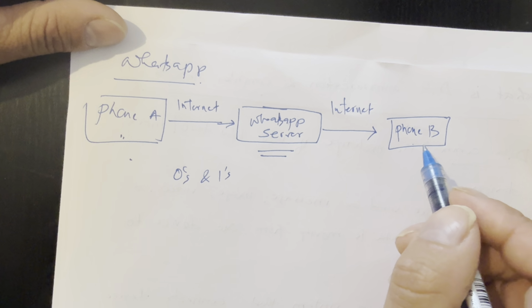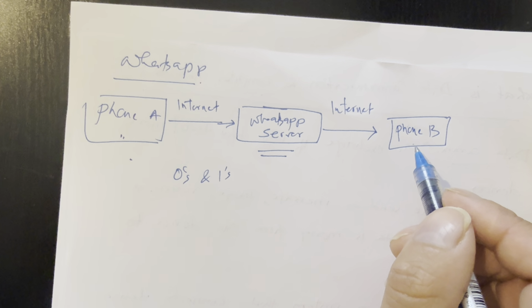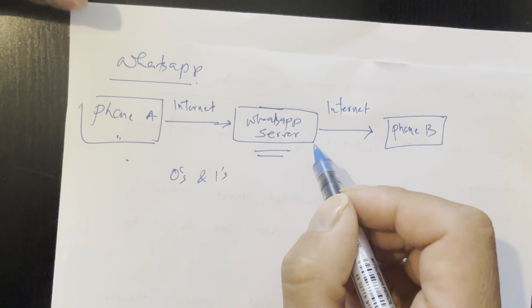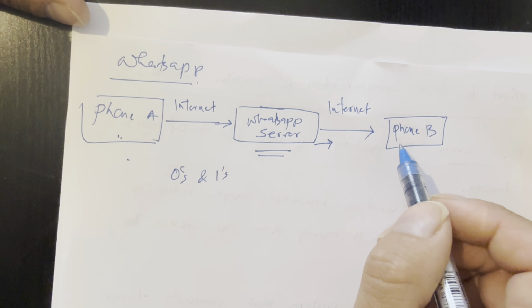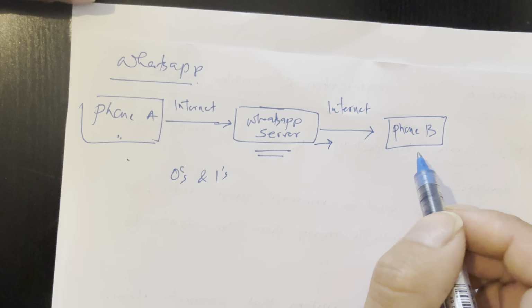The server forwards the message, and your friend receives it. This is how it works.